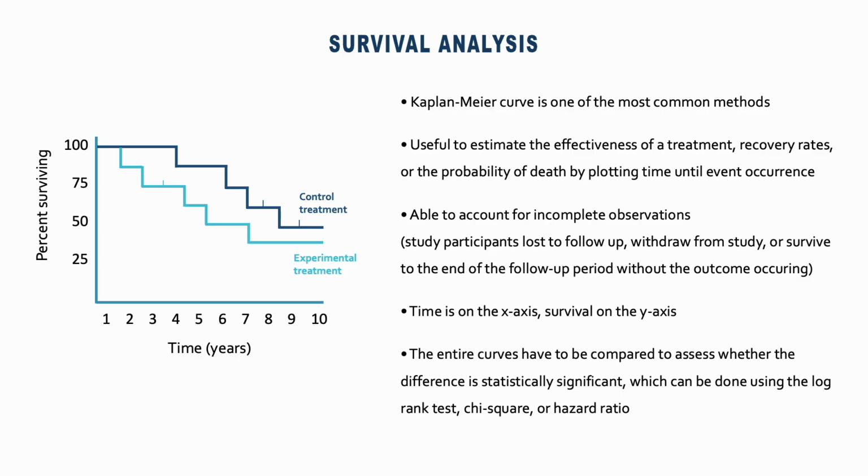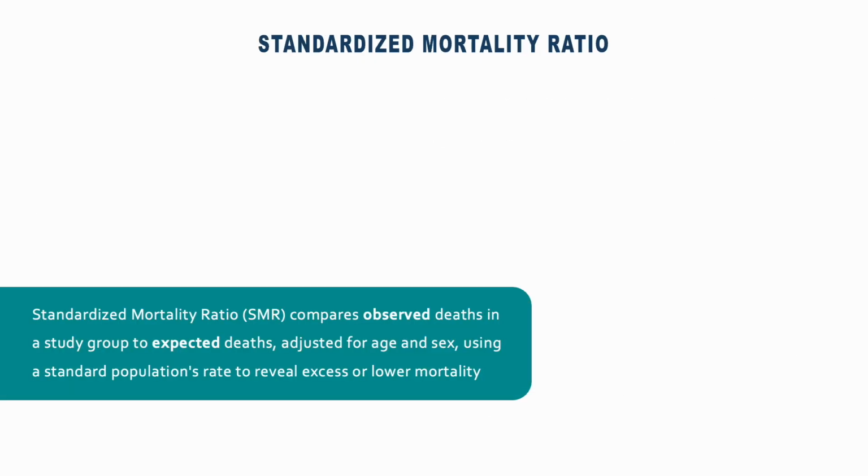So it's good for estimating the effectiveness of a treatment or recovery rates or the probability of death over a specified time period, but you can't take data from a survival analysis or Kaplan-Meier curve and then use it like you might if this were a line graph of crude death rates, for example. It's not the same. Standardized mortality ratios are a way of expressing risk of dying from a particular cause.